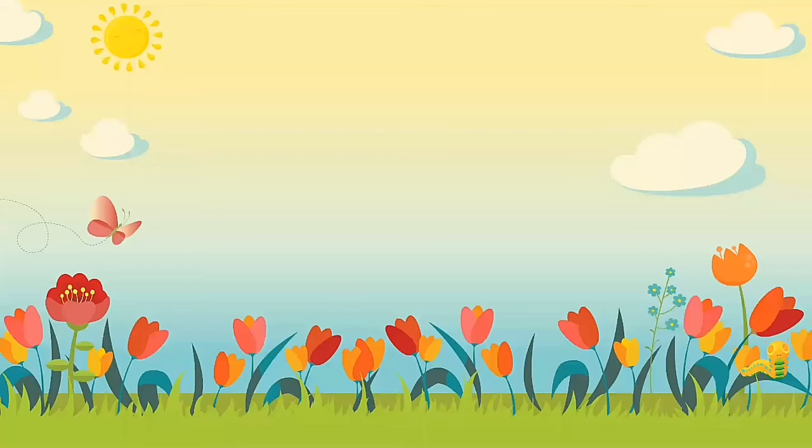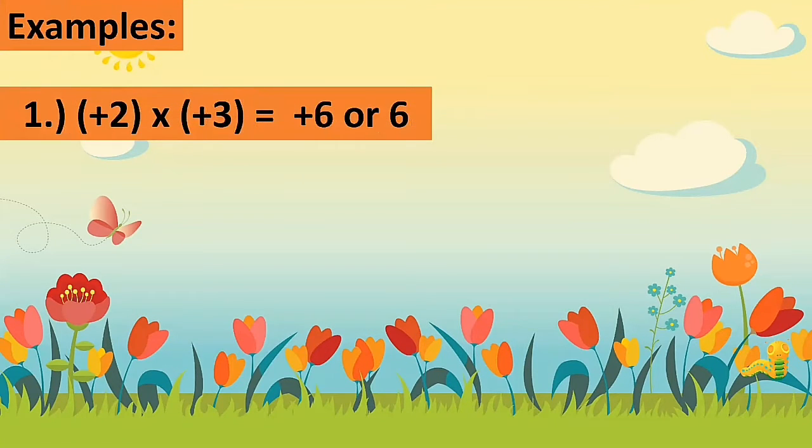Now, let's have the examples. We have positive 2 times positive 3 is equal to positive 6, or just simply 6. Because this number is automatically positive.